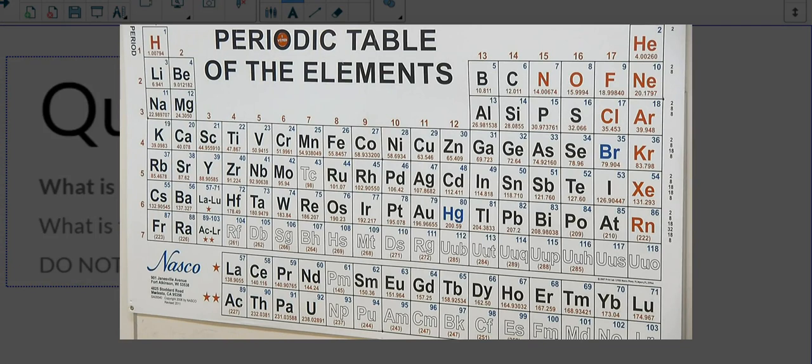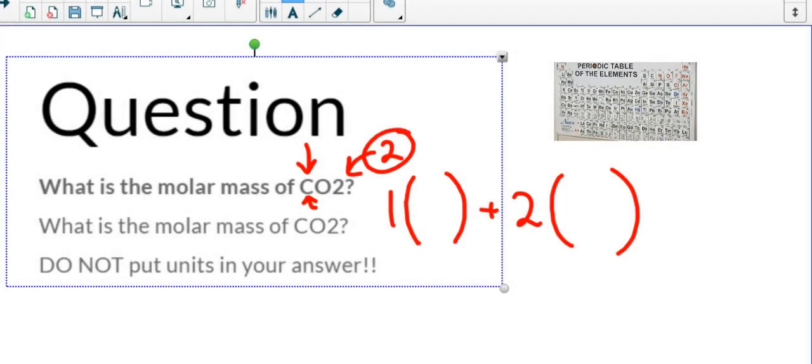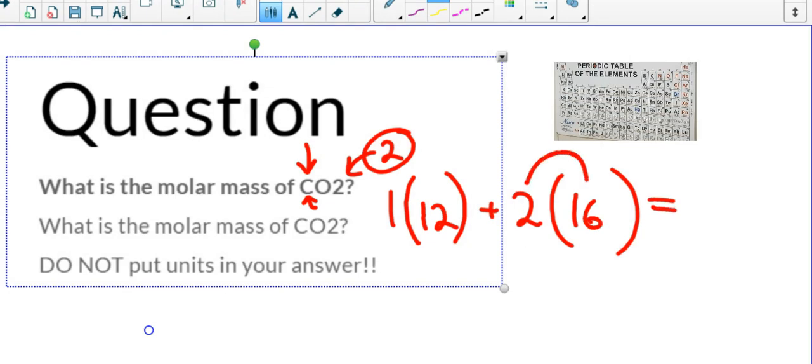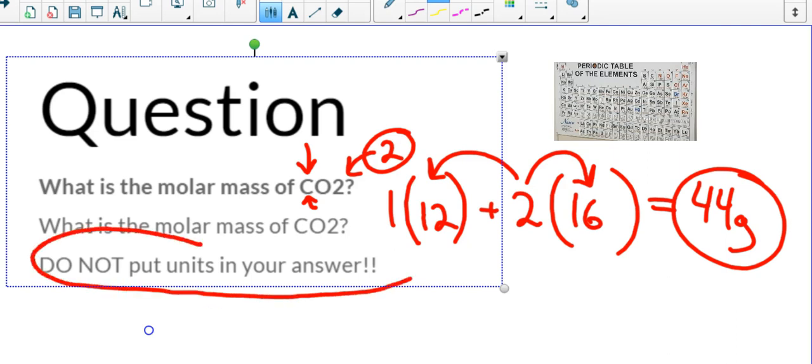Carbon is 12.011, so that would be 12, and oxygen is 15.99, so we round that to 16. So here we go: 12 plus 2 times 16. This is 32, and 32 plus 12 is 44 grams per mole. Once again, do not put the units in your answers, so just 44 for this quiz.